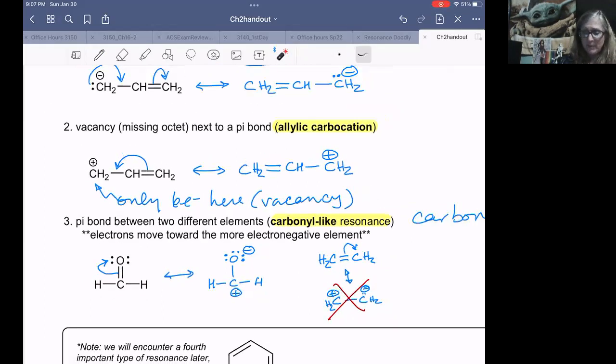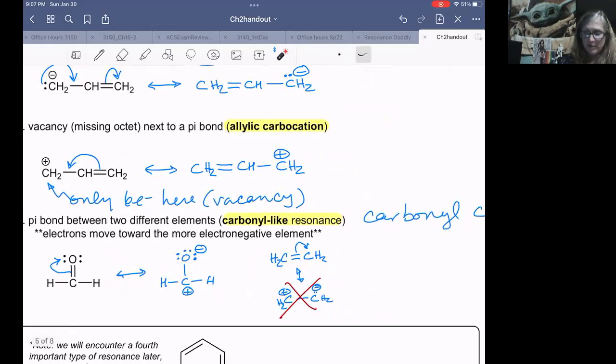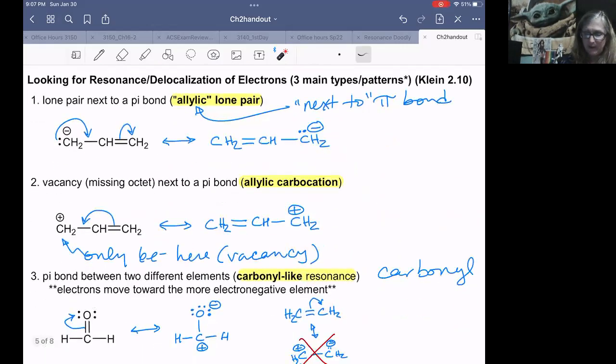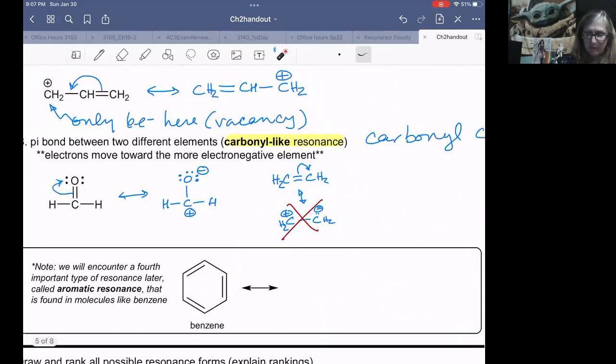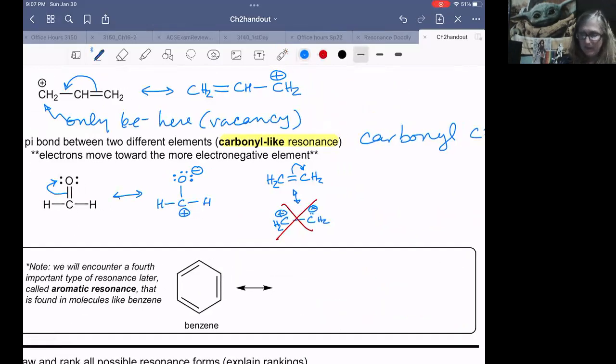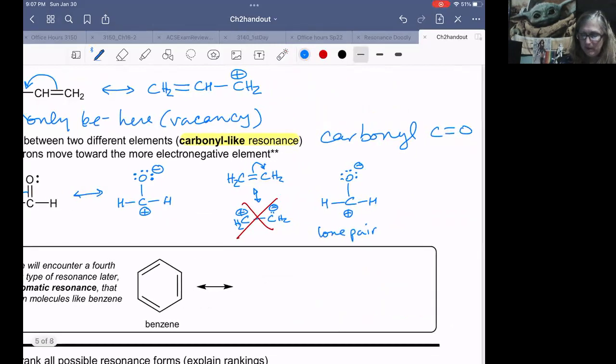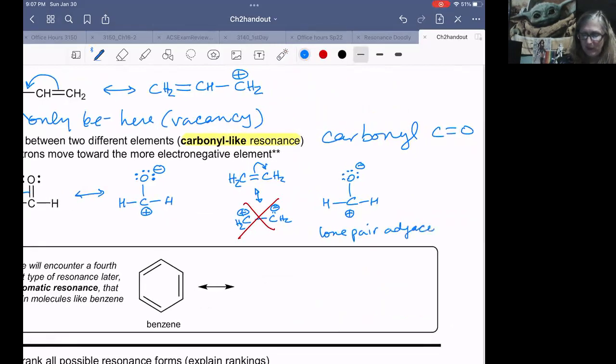Okay, so those are the main patterns we're going to look for. Actually, the opposite of this one we could point out, just an FYI, if we had an atom with a lone pair adjacent to a carbocation, this is kind of the opposite of the carbonyl resonance.